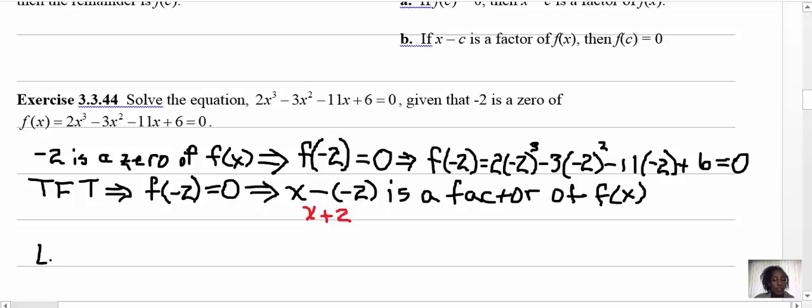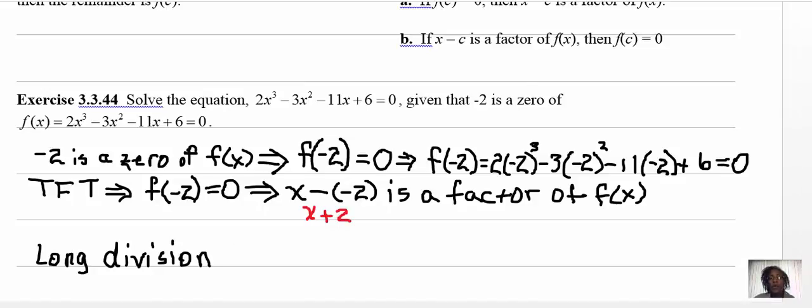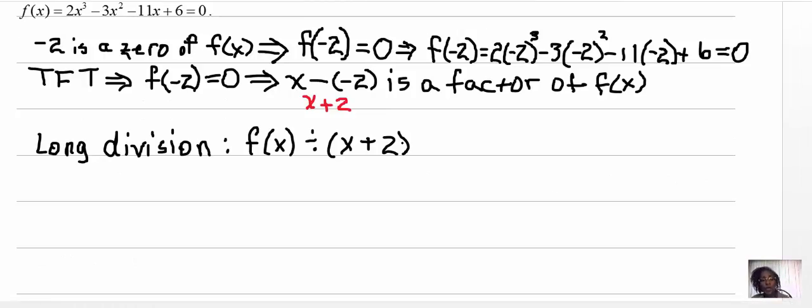So let's use long division and look at what this process looks like. I'm going to write out the long division problem of dividing f of x by x plus 2. Notice when I use this division symbol, it does not group.